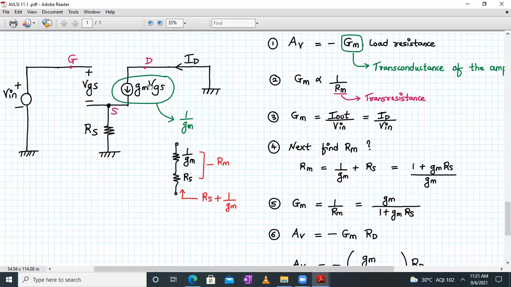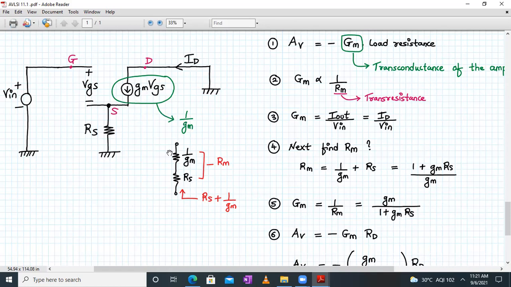It will be 1 upon gm. This 1 upon gm is effectively a resistor, because we are linearizing the non-linear device by drawing the small signal model.